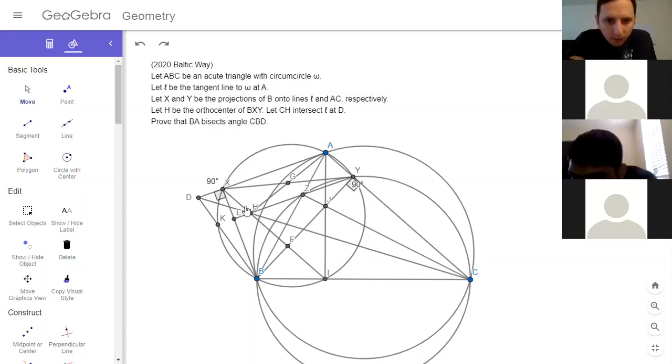Yeah, I think XDH is similar to XYC. I think that might be the trick.